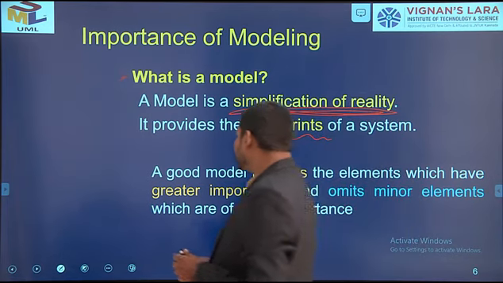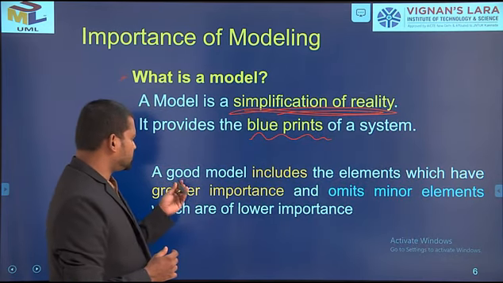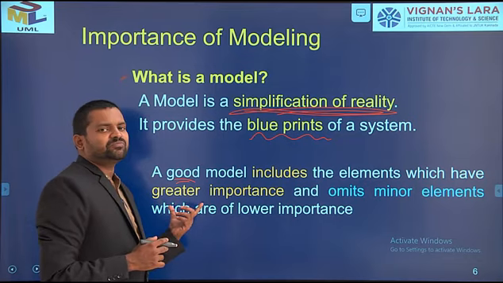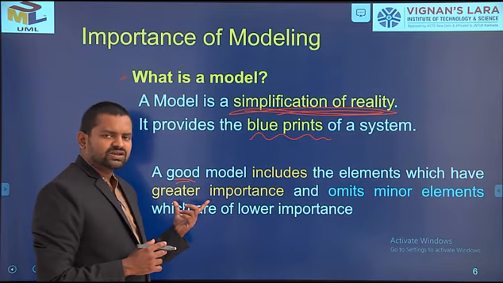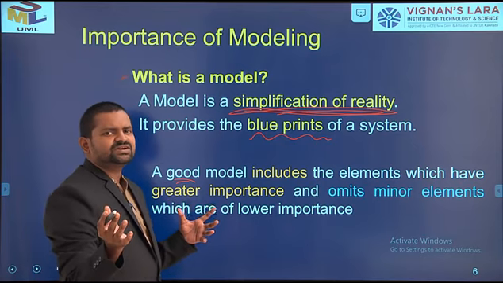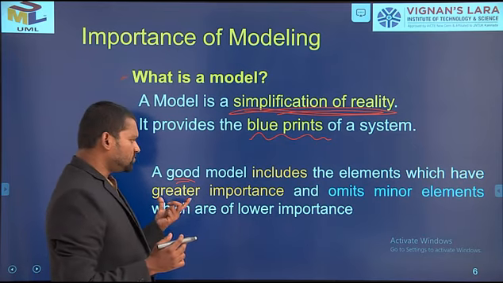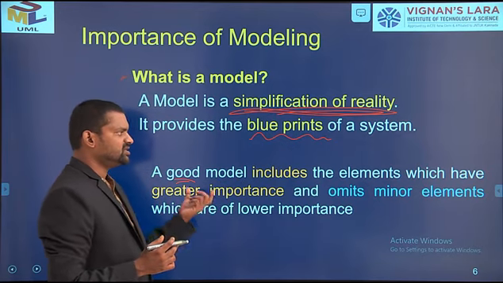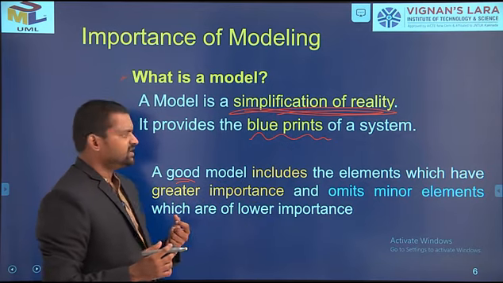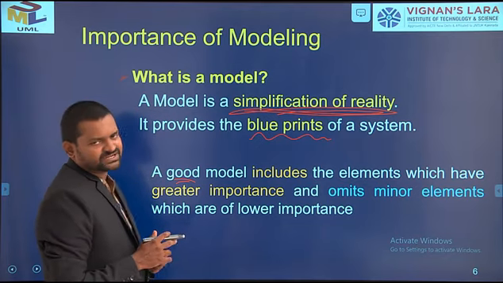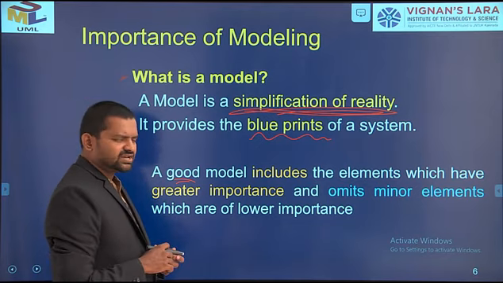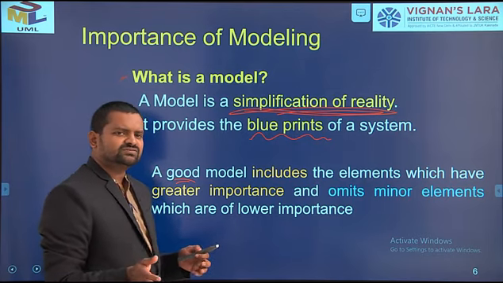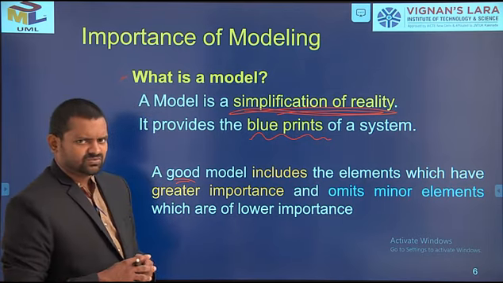So what does a good model include? A good model includes the elements of greater importance, and omits the minor elements. Those elements having greater importance should be included, and the minor elements will be omitted in the modeling.